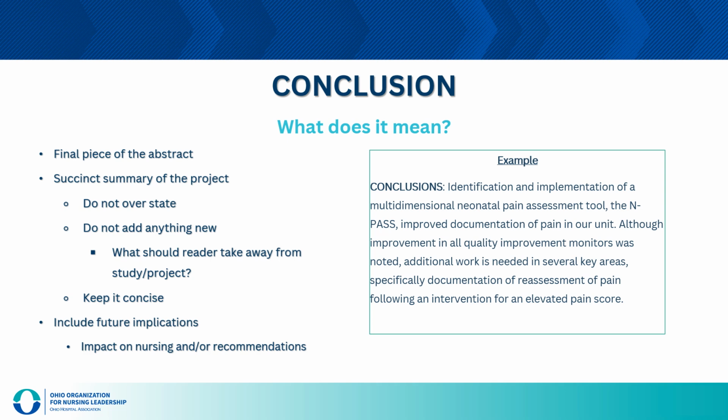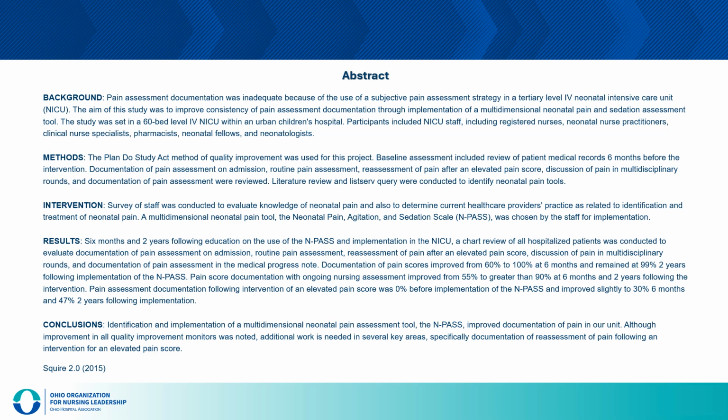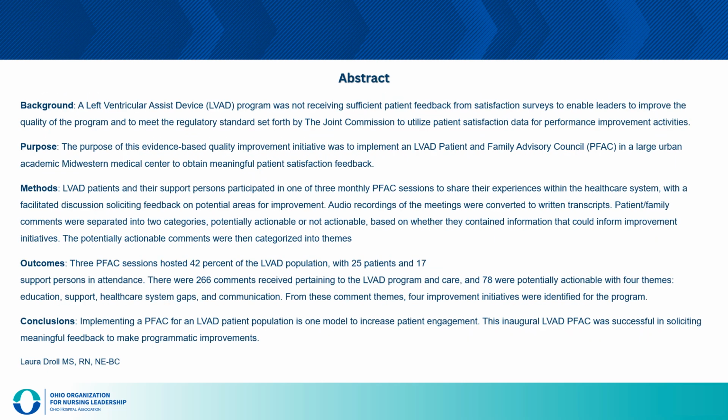Now let's take a moment to look at other abstracts that can help guide you. Our first example is a structured example. As you notice, we have background, methods, intervention, results, and conclusion. I will let you pause so you can read on your own time. Our next one is structured as well.